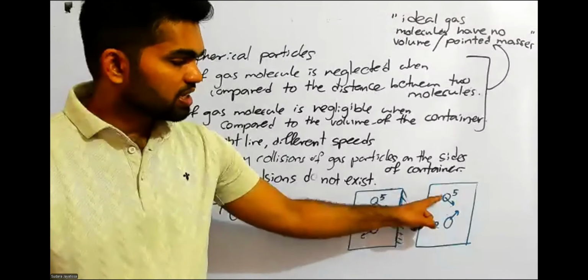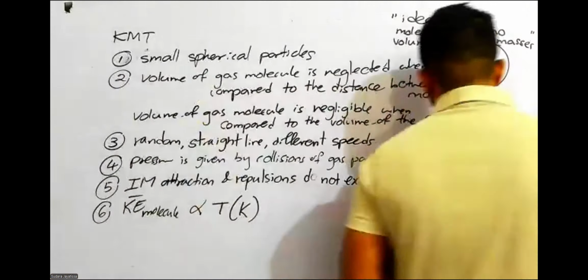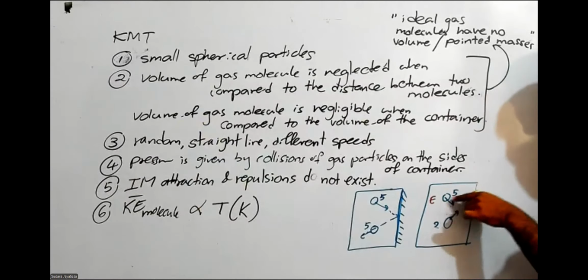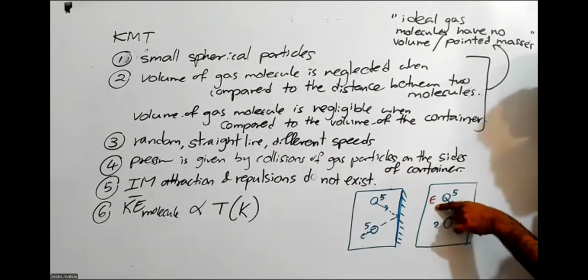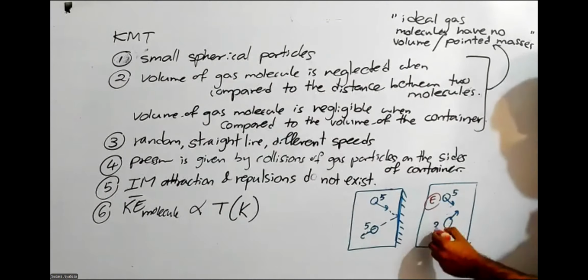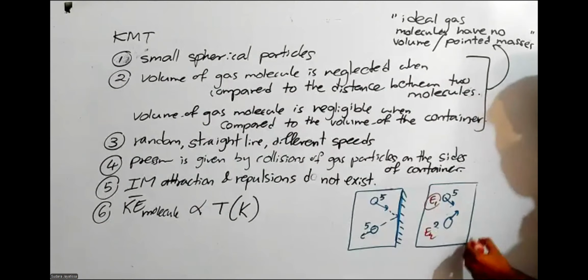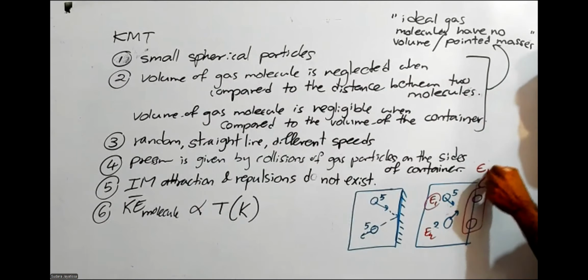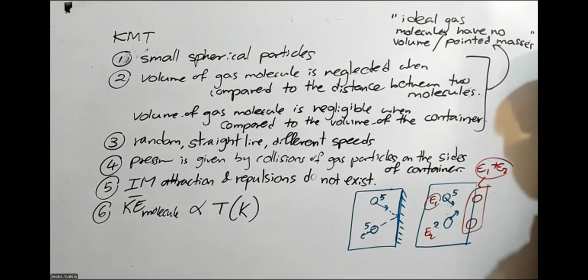So let's say this molecule was having E amount of energy. So after the collision, this is not going to be E. This may be E, but it may also not be E. But let's say these are E1 and E2, the total energy. After the collision also, the total kinetic energy will be E1 and E2 total, but these will have different values.